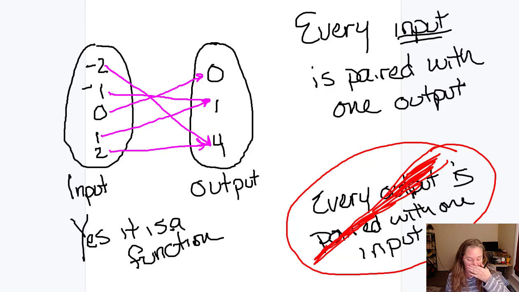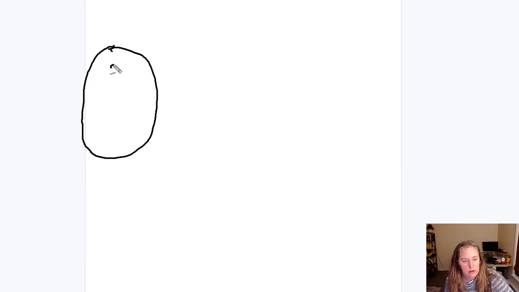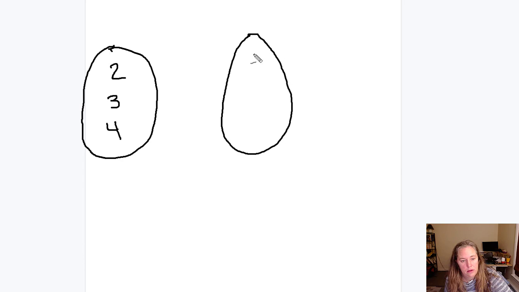Okay, I'm going to show you a mapping of one that isn't a function. I should have made this bigger. Let's get rid of this 4.